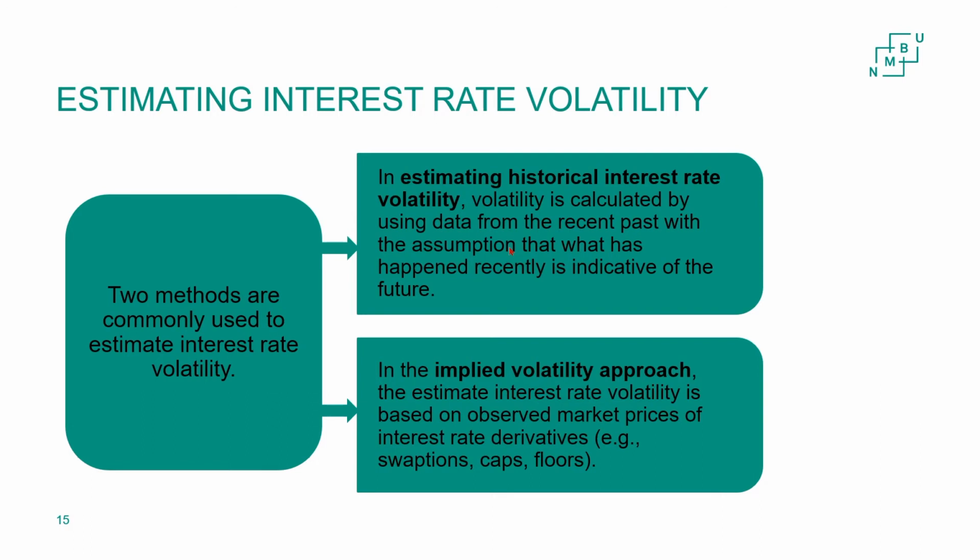So a key factor in our interest rate tree is the volatility, the standard deviation. And there are 2 methods which are used, and one is to use the historical interest rate, and we have a video on that. And the second one is to use the implied volatility.